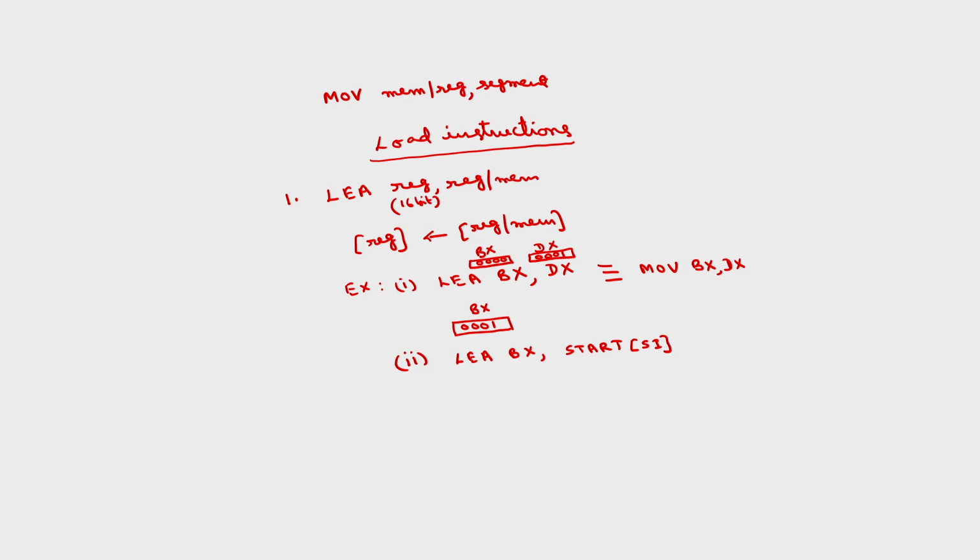In this case, if I assume that the start value is the same 0040, which I have assumed in the last example, and SI contents are say 32FF, start is 0040H, the effective address will be simply 32FF plus 0040.